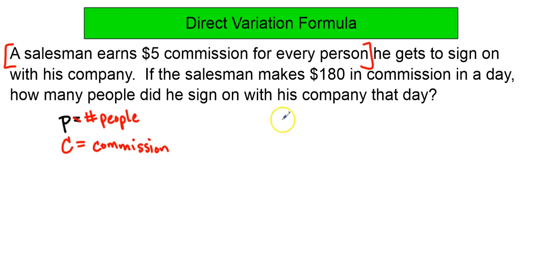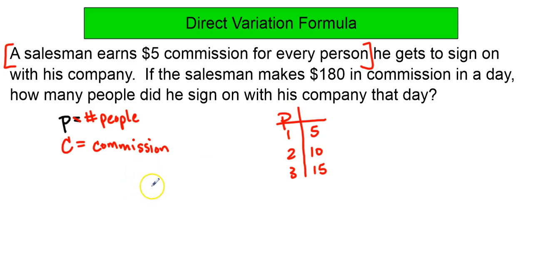Okay, so if I get one person, I know that's $5. If I get two people, I know that's $10. 3 people, that's $15, and so on. And so you can see what's happening here is all I'm doing is adding $5 in for every person that I get.